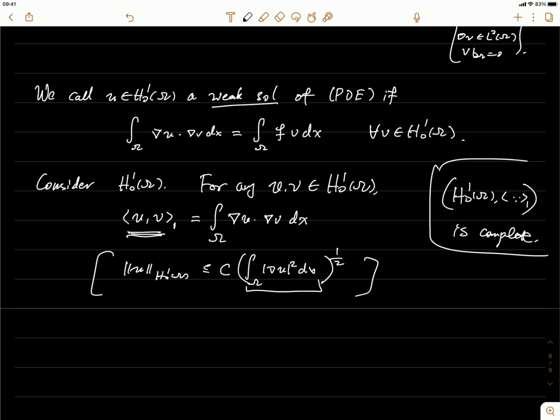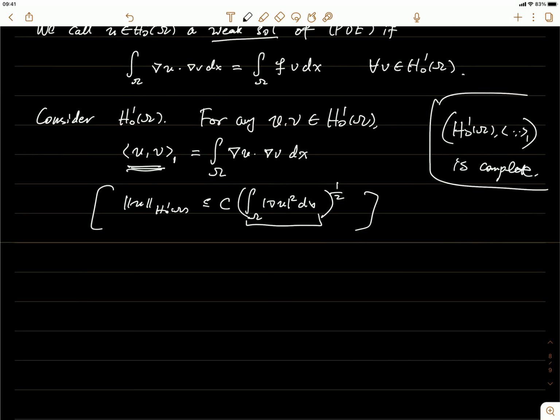Okay, to show that, we just need to show that it is equivalent to the original norm. Well, actually, sorry, I should say that we already showed that this inequality is true, and on the other hand, this must be larger than this one itself.